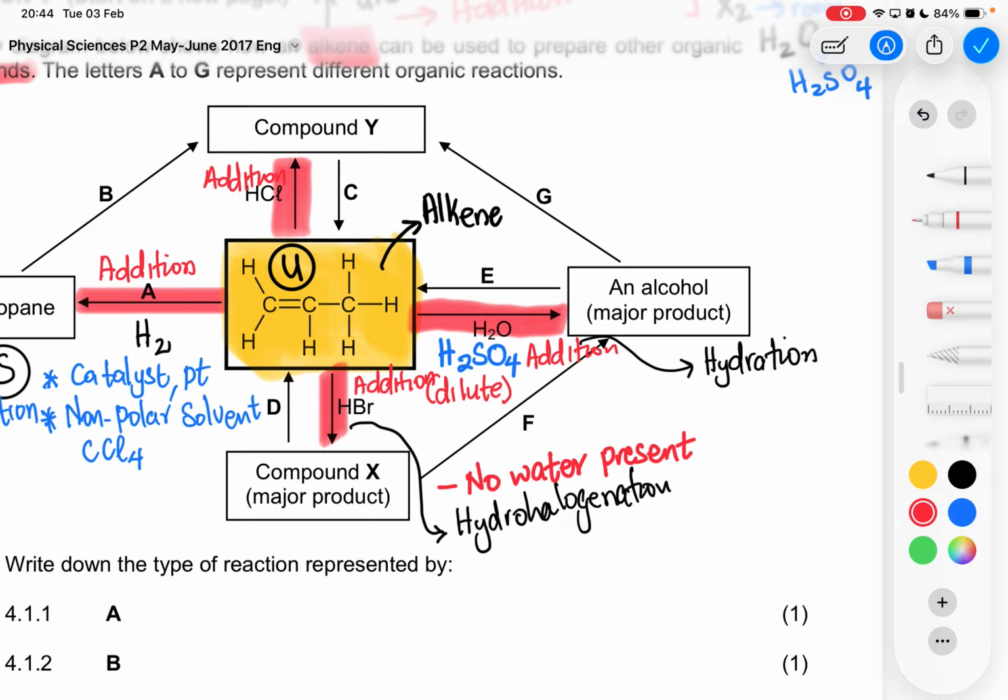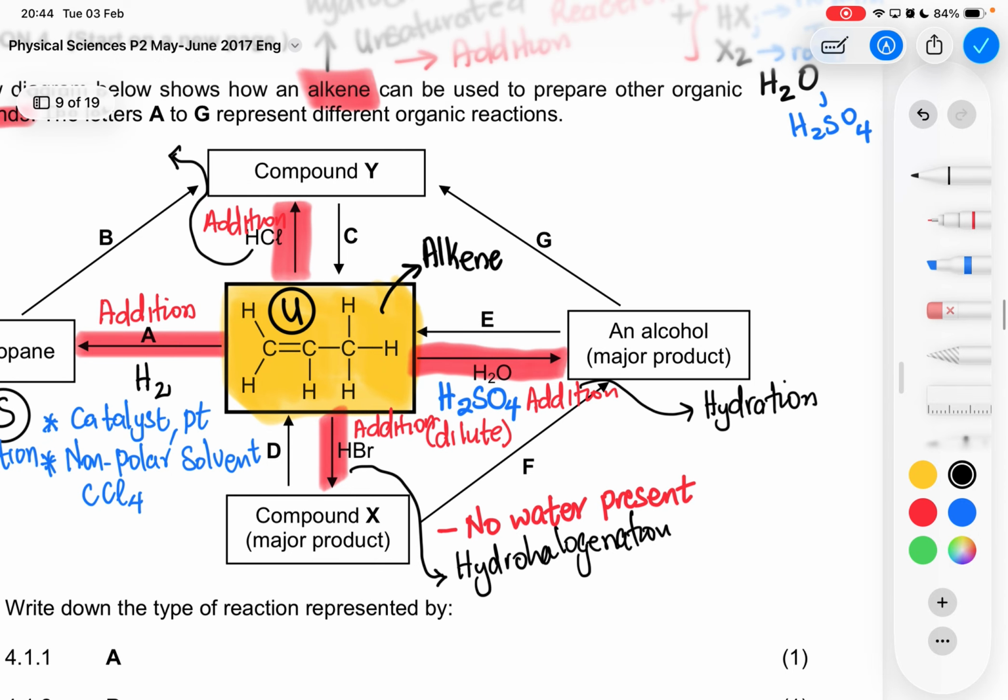Okay, and here also, we can conclude the same thing, stating that this is also a halogenation. So it's hydrohalogenation, similar condition, no water must be present.